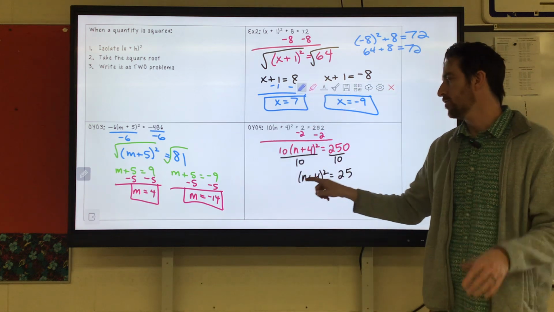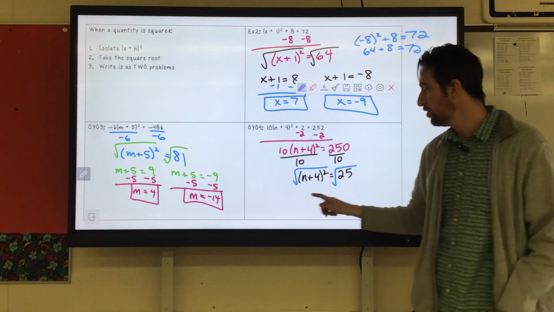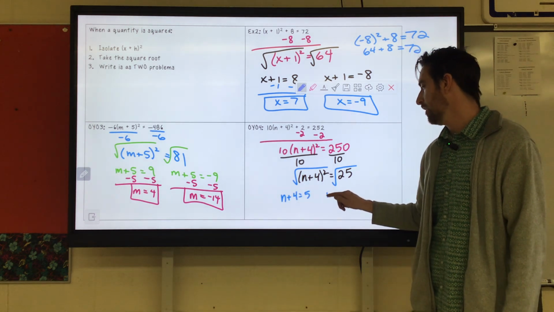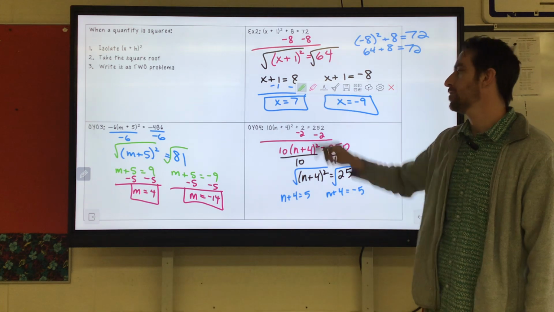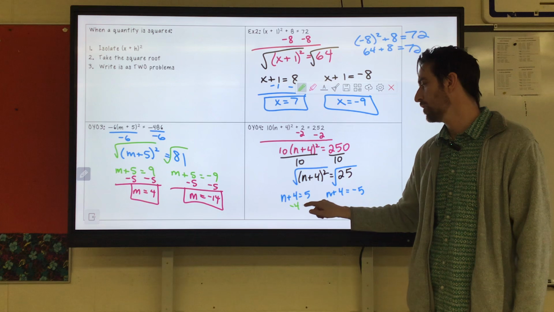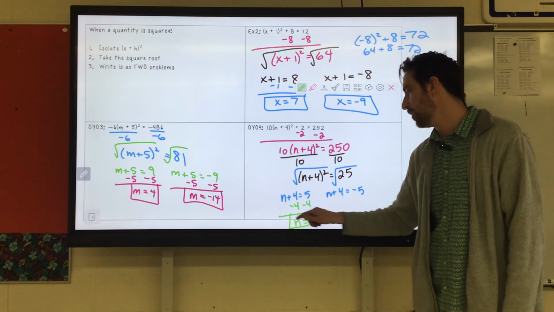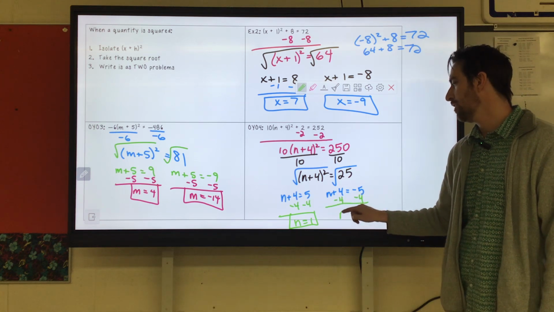We're going to cancel out the square by square rooting. 25 could be 5 or negative 5. So n plus 4 equals 5, and n plus 4 equals negative 5. Last step, just minus 4 on both sides. 5 minus 4 is 1. Woo! Barely made it. And negative 5 minus 4 is negative 9.